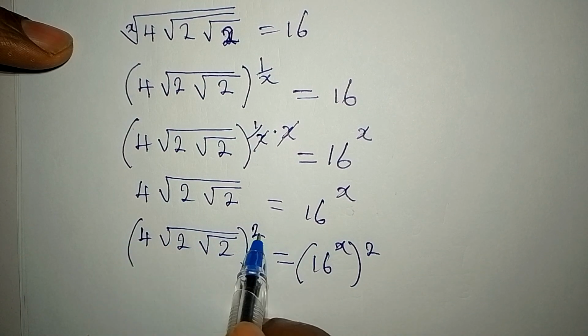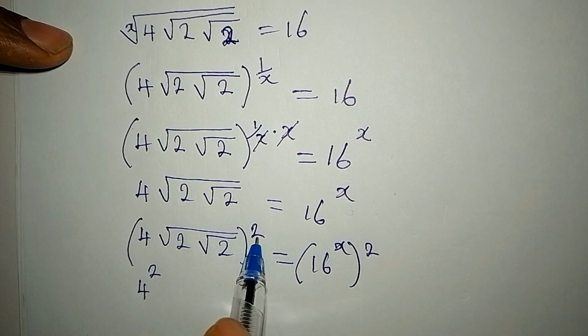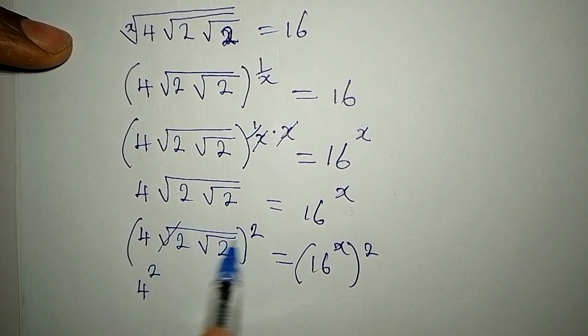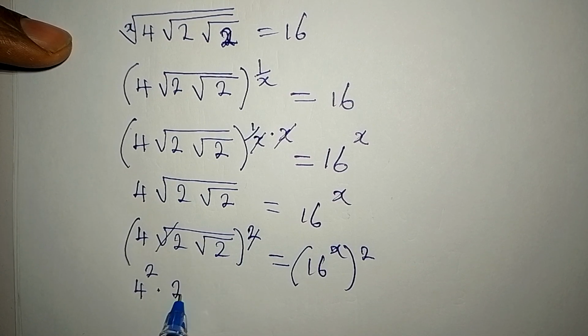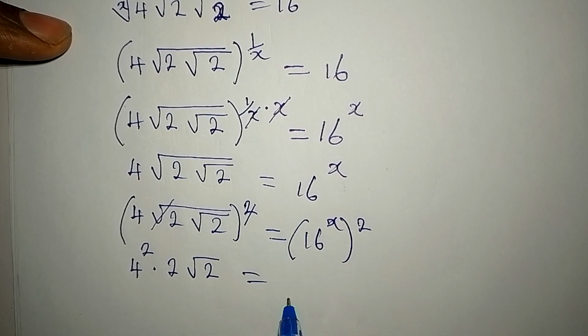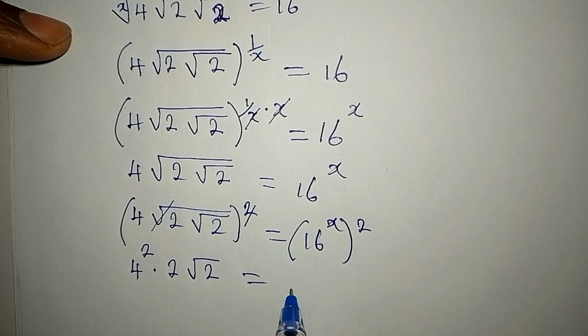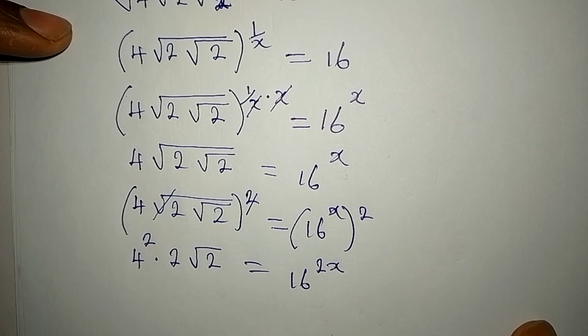Now 4 squared, okay, so here we're having 4 to the power of 2 because of this. Then this will go with this now, so we have to multiply this by 2 root 2, and then it will be equal to, here the powers multiply, so we have 16 to the power of 2x.